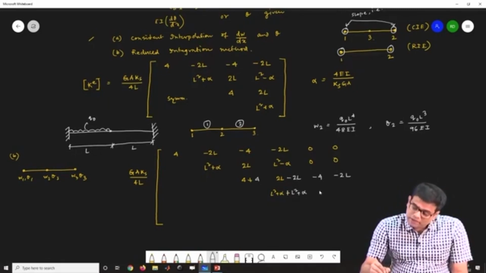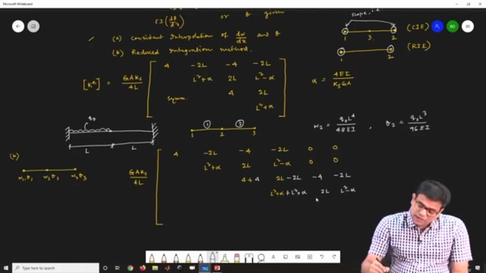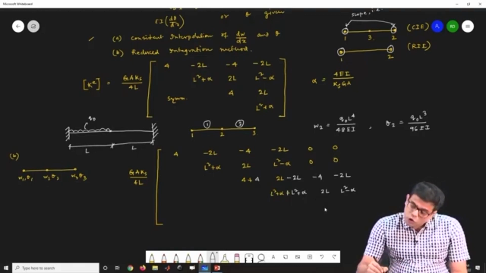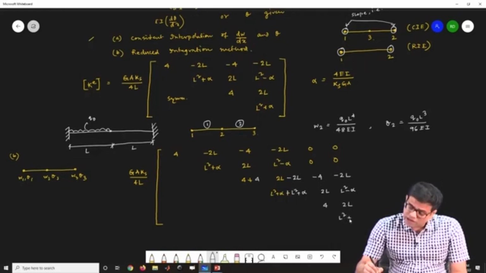And then 2L will be there, then L square minus alpha will be there, and then the third element, that is the fifth and sixth degrees of freedom, W3 and theta 3. So that will be 4, then 2L, and this is L square plus alpha.